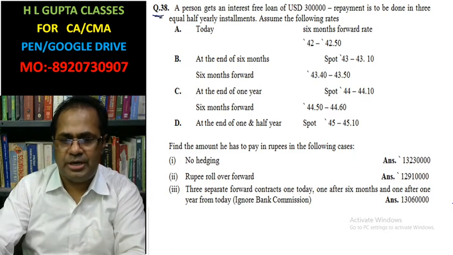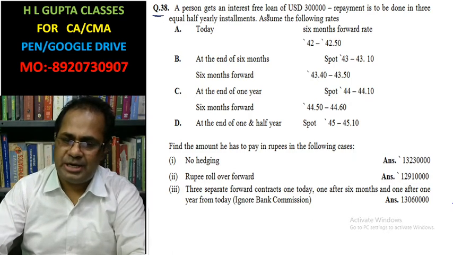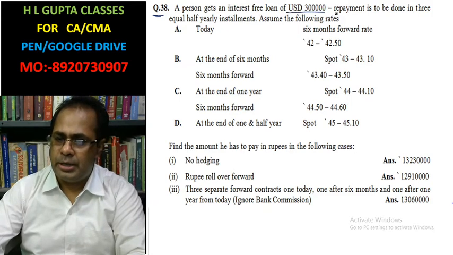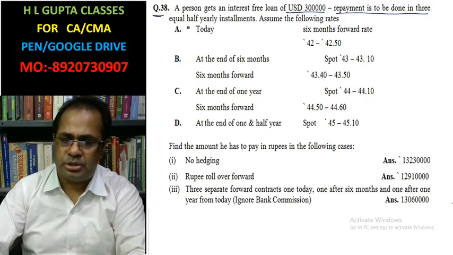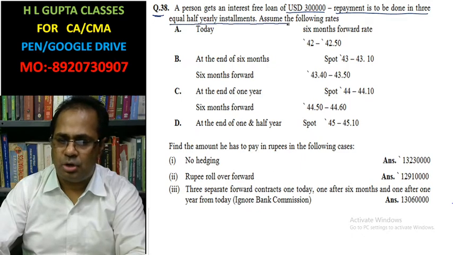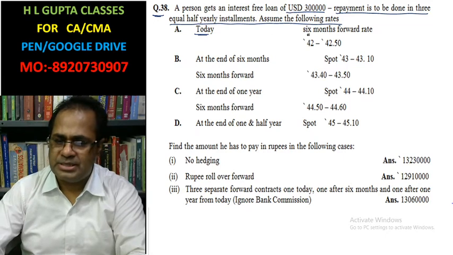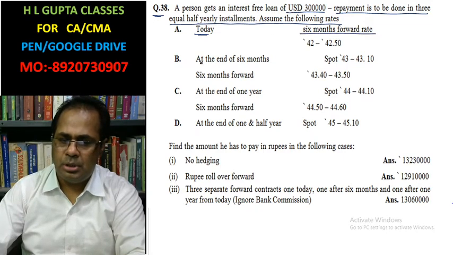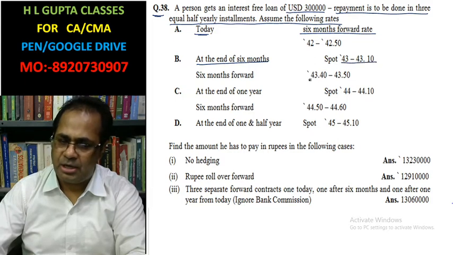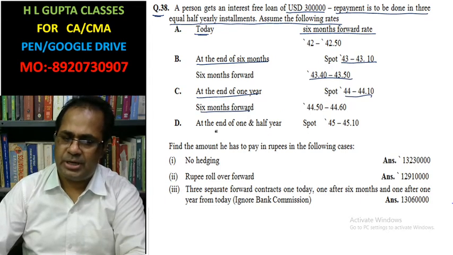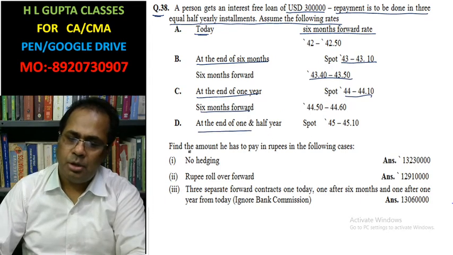Question number 38. A person gets an interest free loan of USA dollar 3 lakh. Repayment is to be done in 3 equal half yearly installments at the following rates: today 6-month forward rate; at the end of 6 months this is the spot rate, and again 6-month forward rate; at the end of 1 year this is the spot rate, 6-month forward rate; at 1.5 year this.